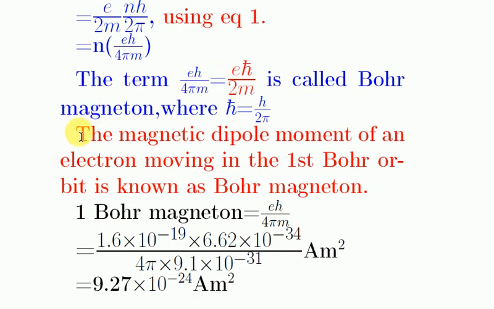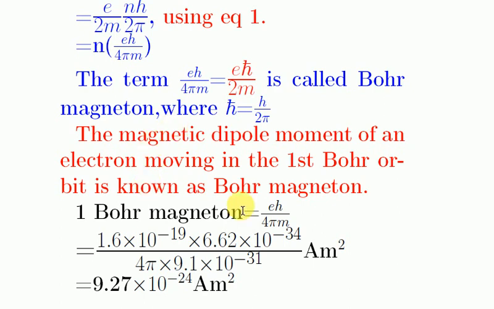So what is the definition of Bohr Magneton? The magnetic dipole moment of an electron moving in the first Bohr orbit is known as Bohr Magneton. So Bohr Magneton is nothing but the magnetic dipole moment of an electron at first Bohr orbit.